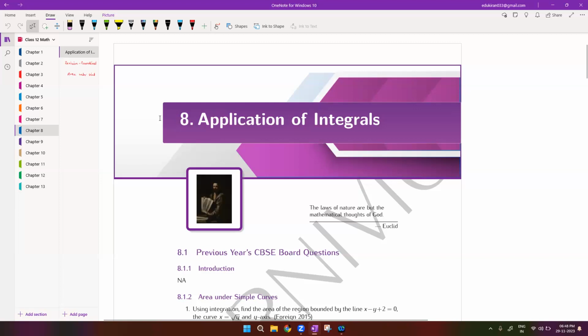Okay, before going for these, let me take some questions from NCERT first. Let's try to solve them. Then we will move forward to this.